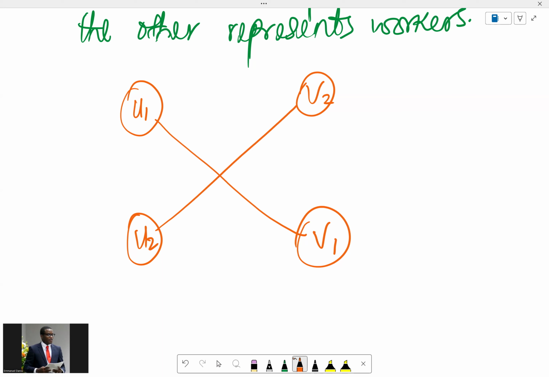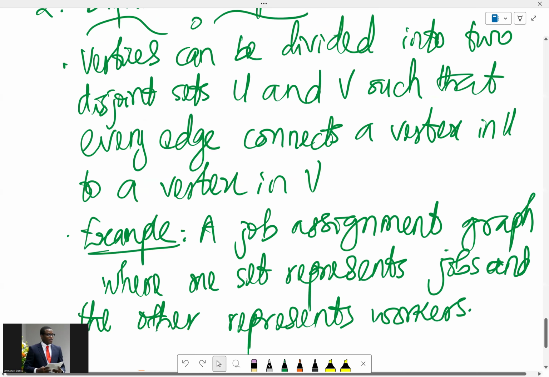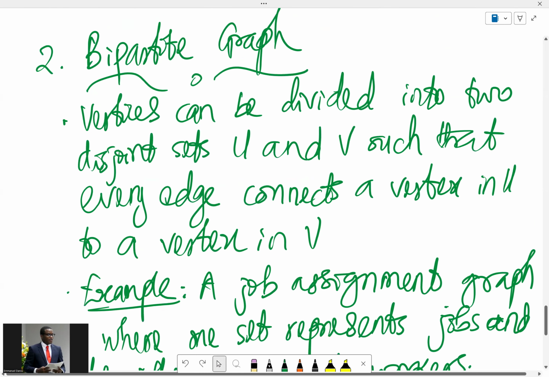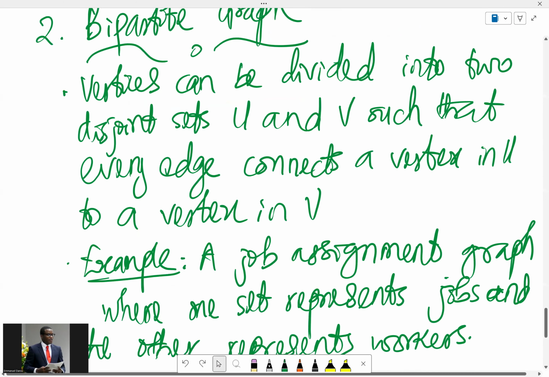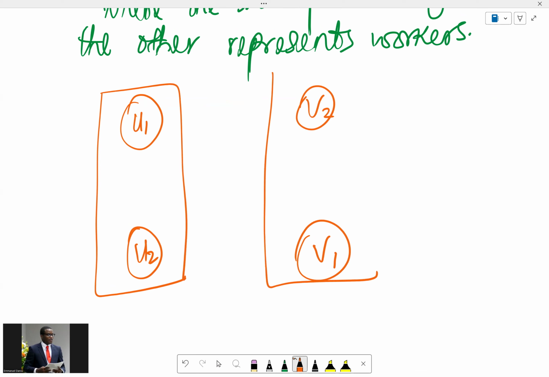Okay. To drive the point home, you have U1, so this is one subset, and this is another one. From the very definition, vertices can be divided into two disjoint subsets U and V, such that every edge connects a vertex in U to a vertex in V. So this is one subset of the graph, and this is another subset.